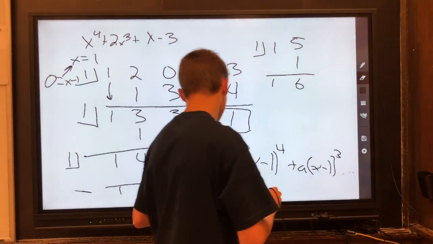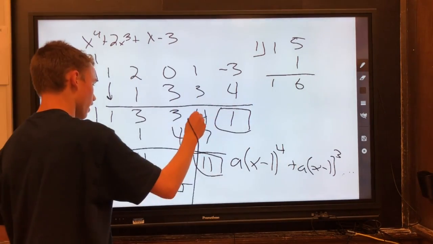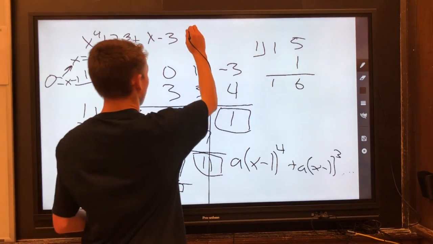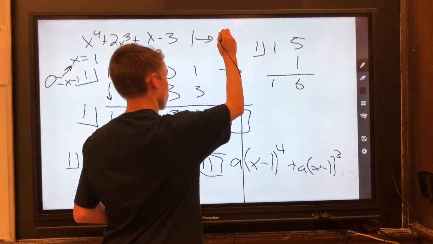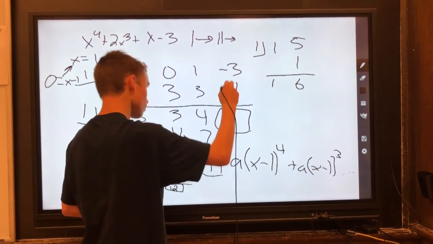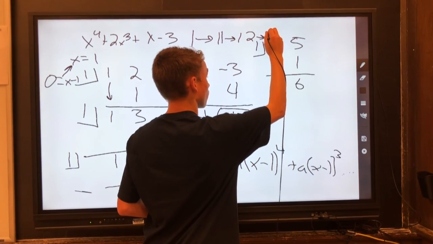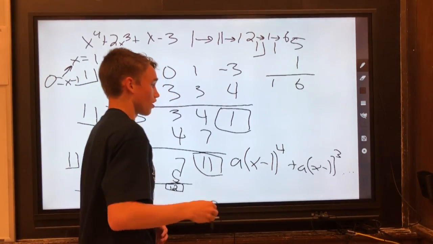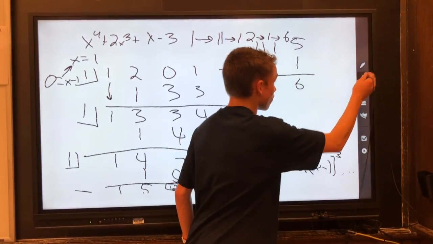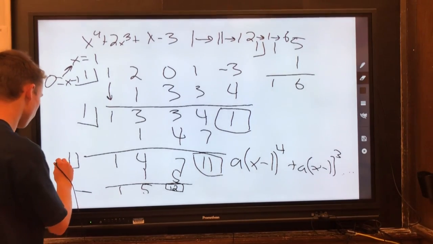I'm going to erase a little bit of this. Actually, I'm going to write up these numbers that we get. So 1, 11, 12, 1, and 6. Okay, so I'm going to erase much of this. So if you still need this, pause the video, copy it down.